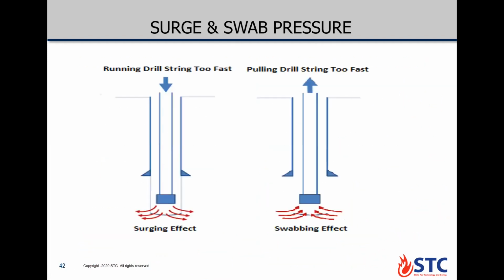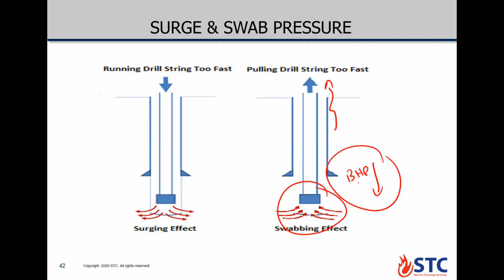If you look at this figure, while pulling out from the well, we may cause here a suction effect. This suction effect allows the bottom hole pressure to be momentarily reduced. So if your bottom hole pressure is still above the formation pressure, no influx. If your bottom hole pressure is less than the formation pressure, you're going to have influx. Here for surging while running in the well, you may add some pressure to the formation, causing some fracturing.